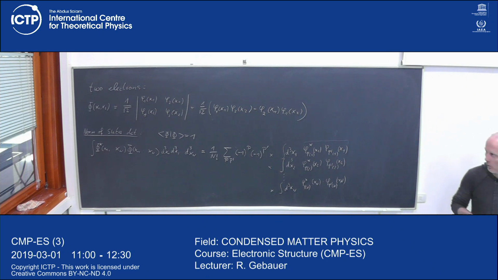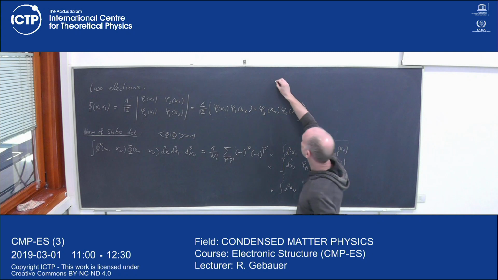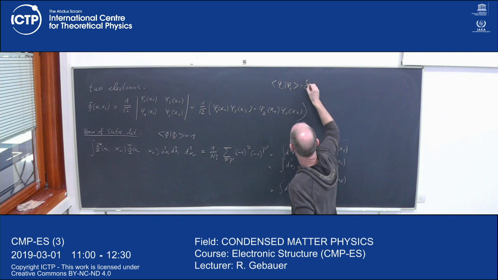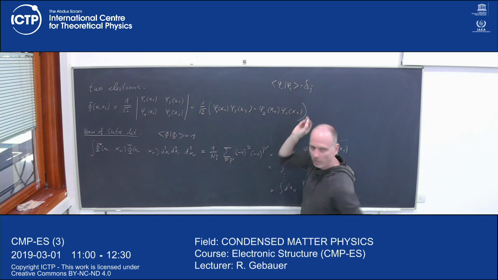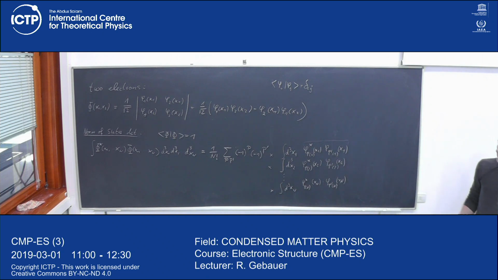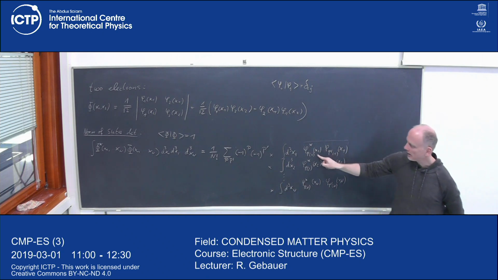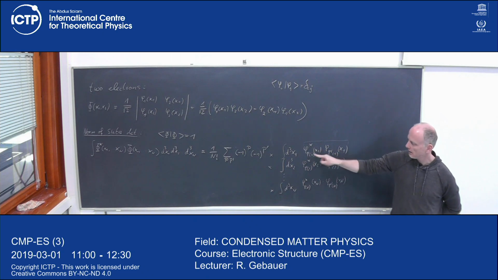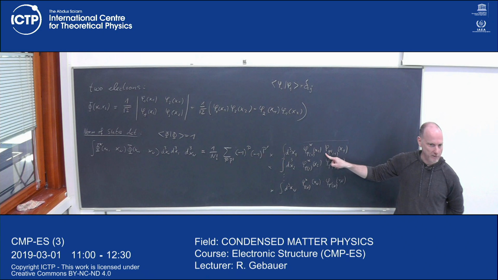But obviously, as always, we choose single particle wave functions such that the scalar product of phi i and phi j is delta ij. So we have orthonormal single particle wave functions. And what does this mean for us? Well, this here can be different from 0 only if this and this are the same single particle wave function.